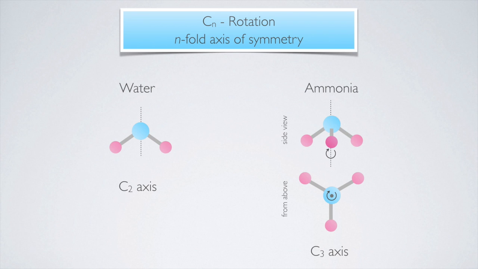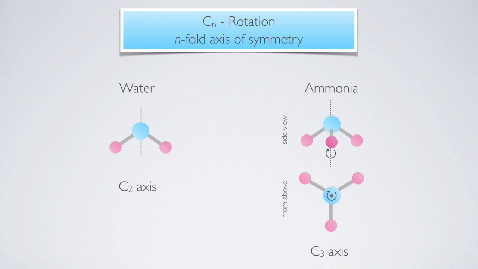So we have water on the left, and you can see a C2 axis going through the oxygen atom there, rotates one hydrogen atom into the other. That's a C2 rotation, leaves that unchanged.